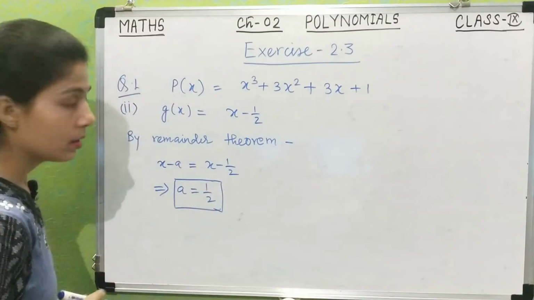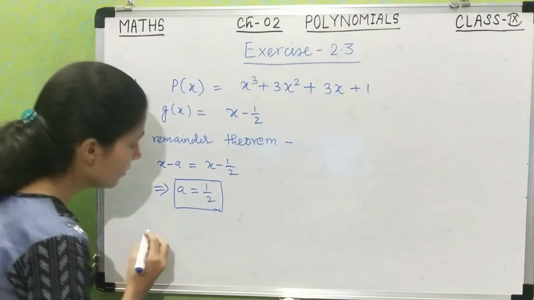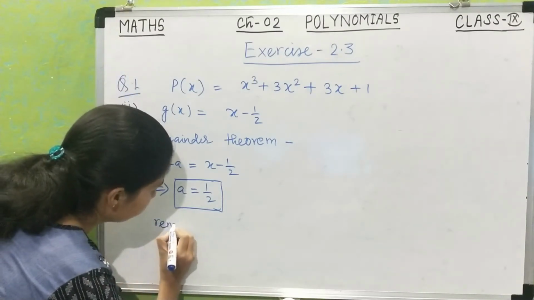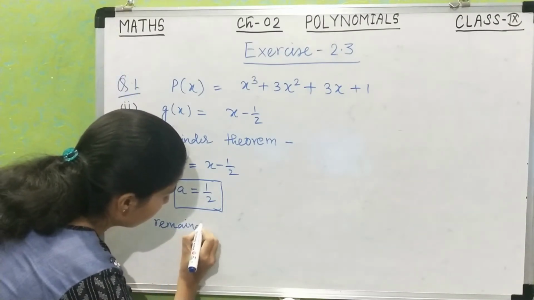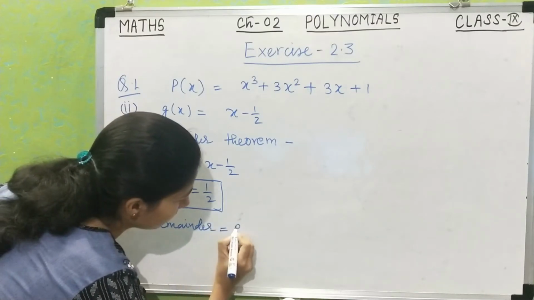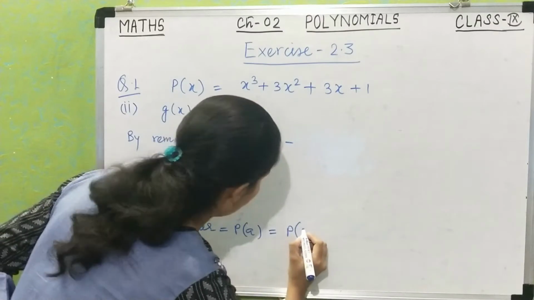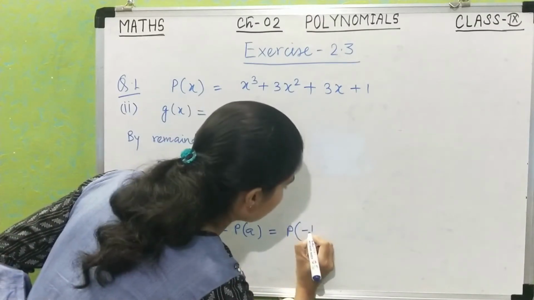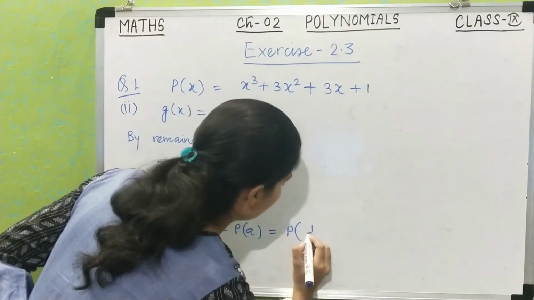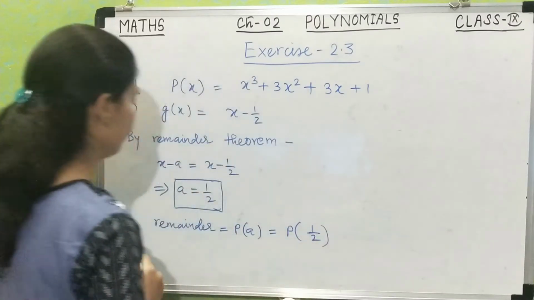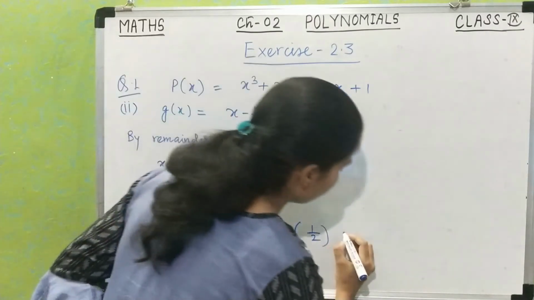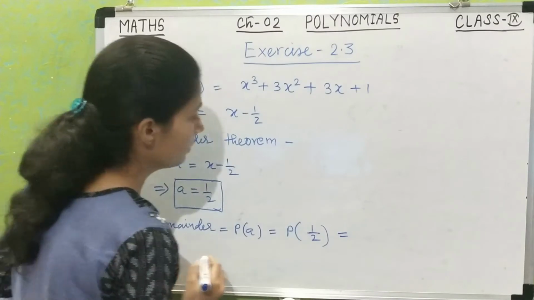Using remainder theorem, the remainder will be pa, and pa is here p at x equals to 1 by 2. Now put this value in the polynomial.